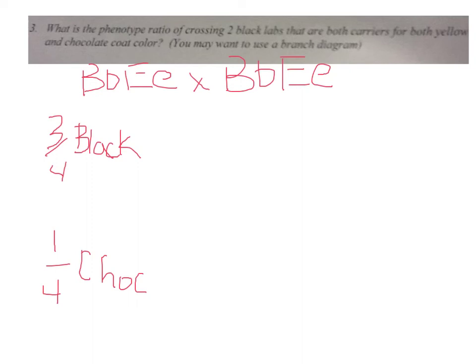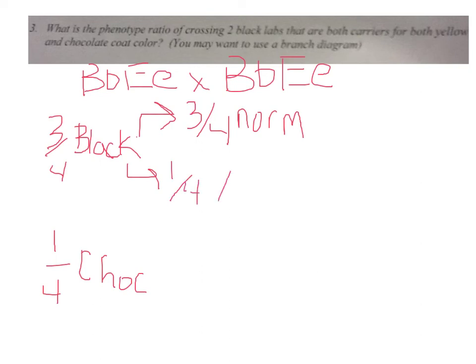Okay, so then we have to look at the same thing with the epistatic gene. So with every single one of these situations, you have a 3/4 chance of having your normal color come through. And you have a 1/4 chance of having the yellow trump whatever the normal color is.